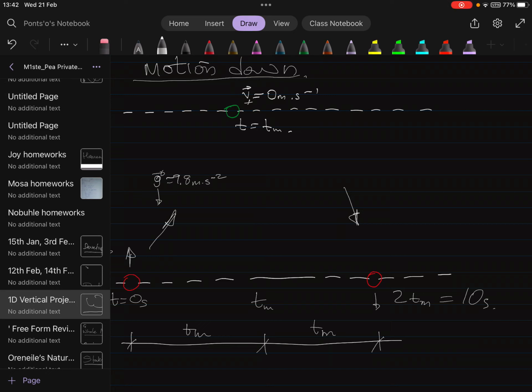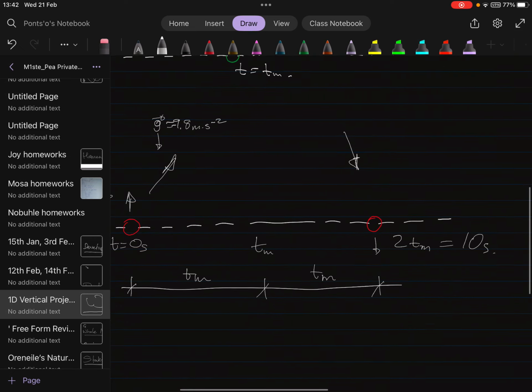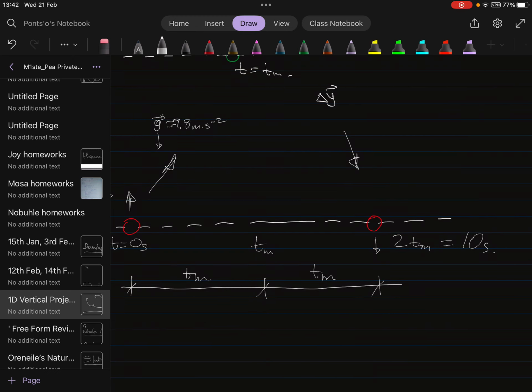Right, so in our case, we chose down as negative. So up is positive. Up is positive, yeah. So we could work out the height it travels, which is h max, which is what we're supposed to find.